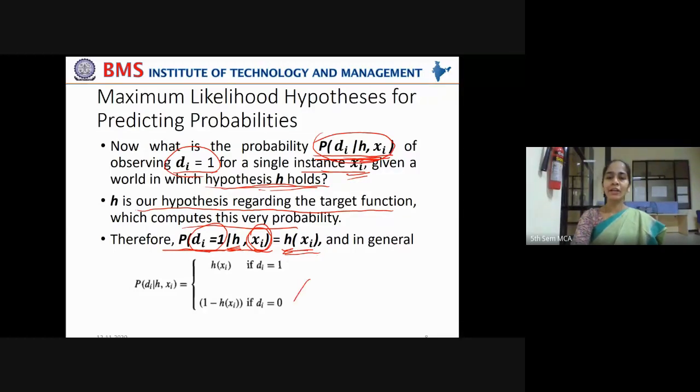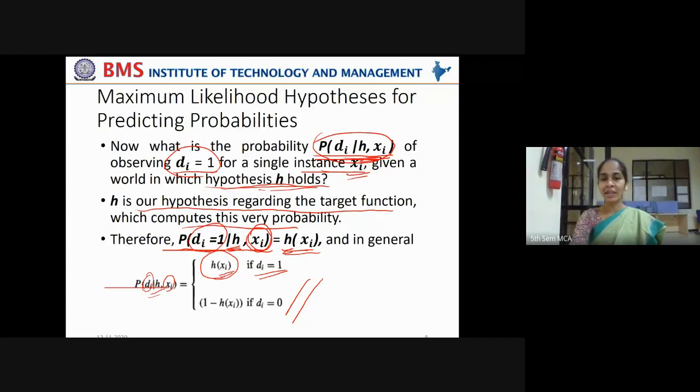Or in general, you can represent it mathematically like this. This is actually easier to understand. See, probability of di given h, xi means: what is the probability of this training instance becoming 1 given this hypothesis? It is nothing but h of xi. Because it is in accordance with the hypothesis, it can be represented as h of xi.